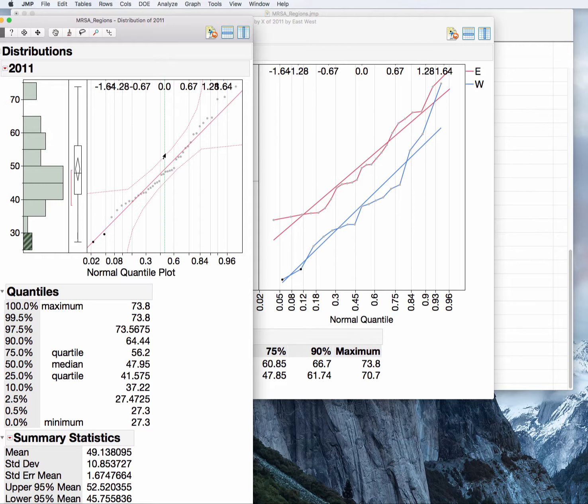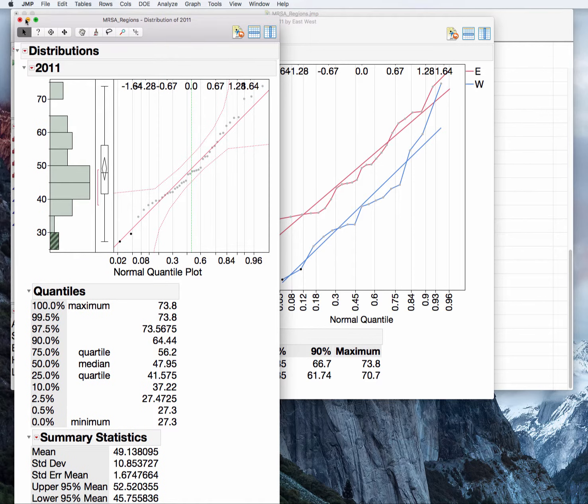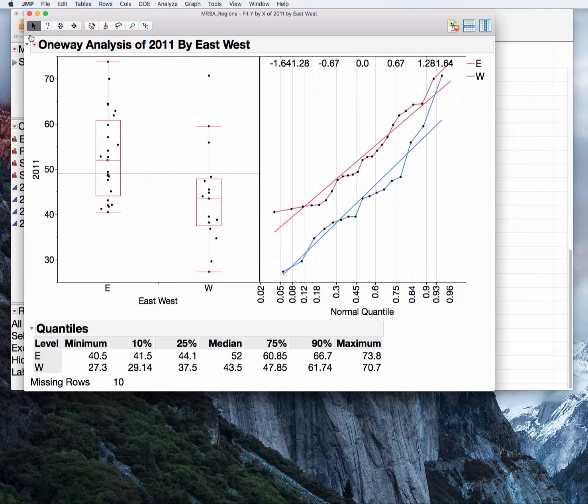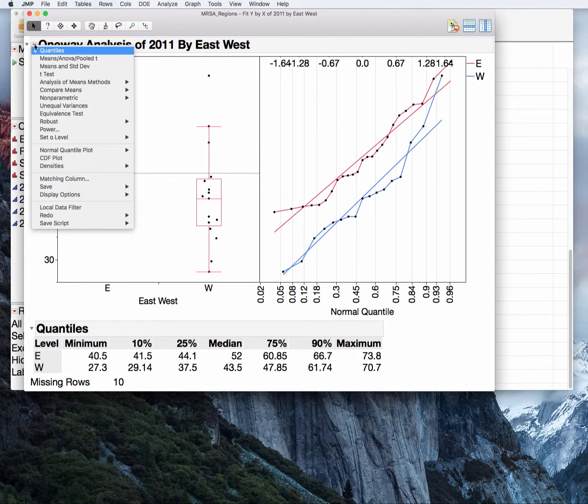So we would judge 2011 to be normally distributed overall, and I think we aren't seeing any departures here either from normality. From there, we'd want to then go ahead and look at the means and standard deviations. Since we've deemed normality to be appropriate, then means and standard deviations are appropriate summary statistics for the group.